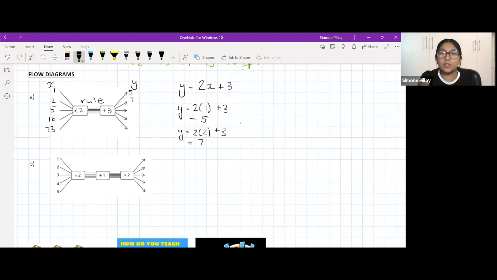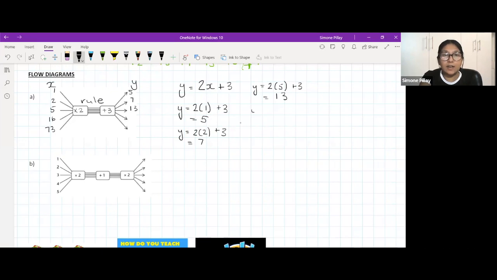Next one, let's do it on the top here. What is my input? I have 5 as my input. So I'm taking 2, multiplying it by my input, which was 5, and then I'm going to add 3. 10 plus 3, 13. Let us write that in quickly.